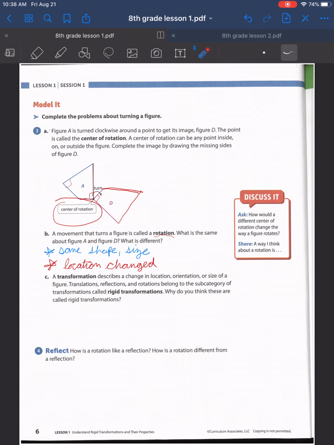Translations, reflections, and rotations belong to the subcategory of transformations called rigid transformations. Remember, it stays the same shape, but then it locates differently. Why do you think these are called rigid transformations? What does rigid mean? Rigid means something doesn't change. It means it's stiff, right?